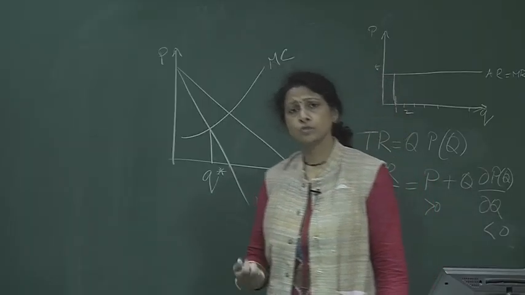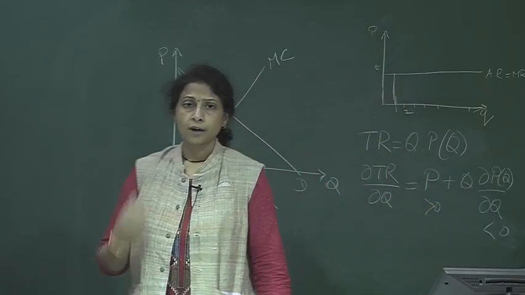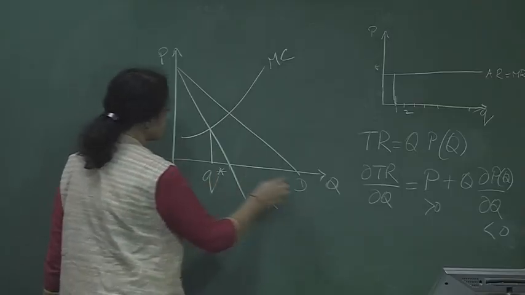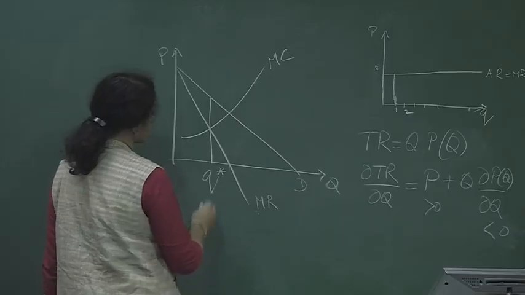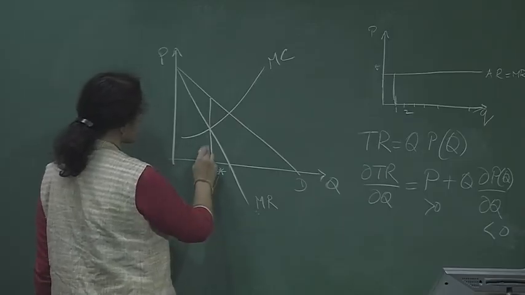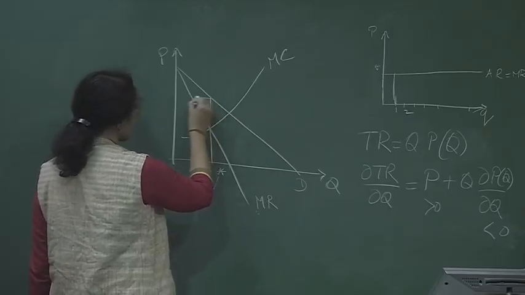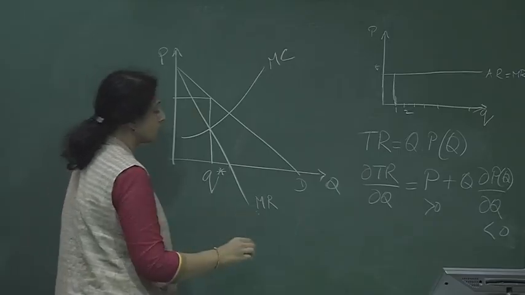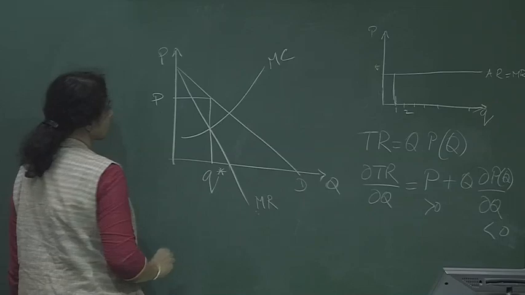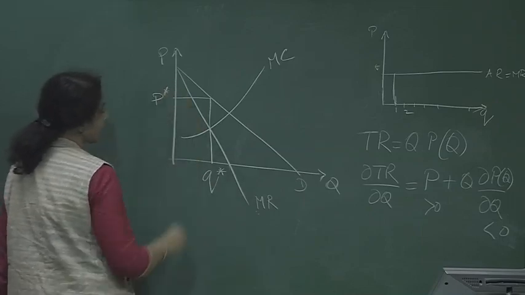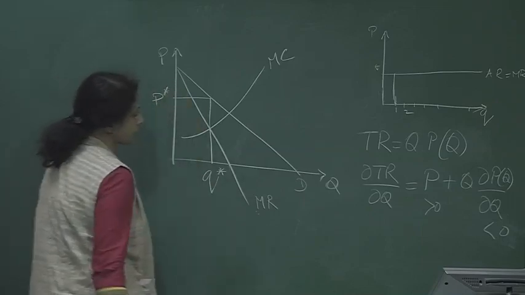And where is he going to find this price? He finds it on the market demand curve. So, at this output level, he finds what price the consumers are willing to pay, and he charges that price P star. So, this is the price that he charges in the market.